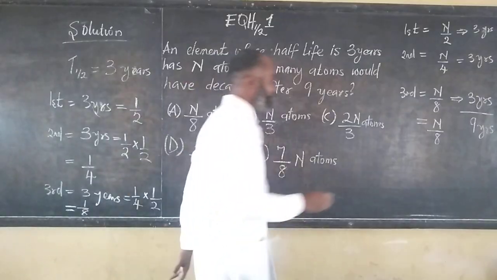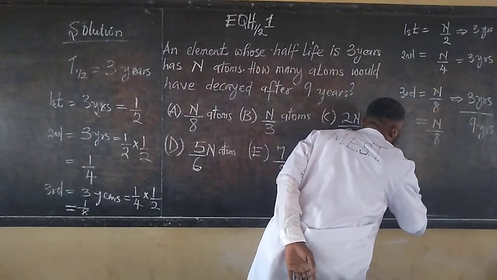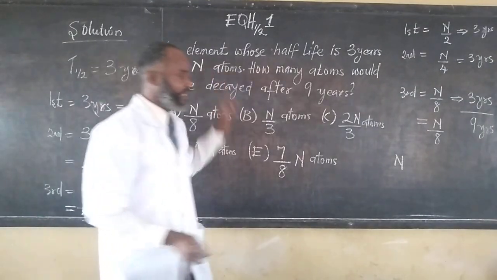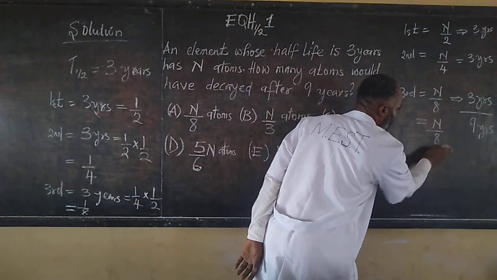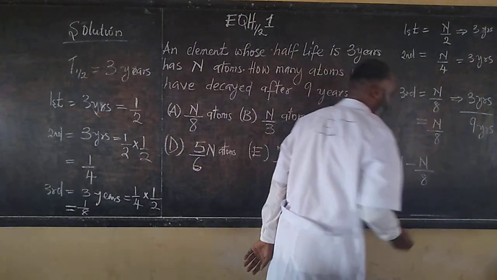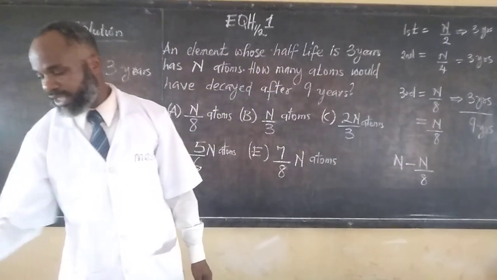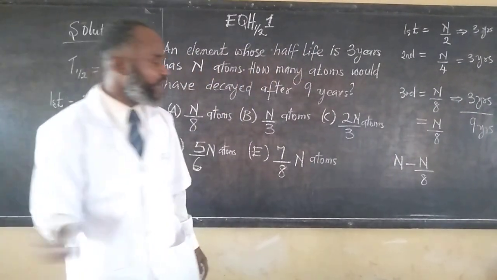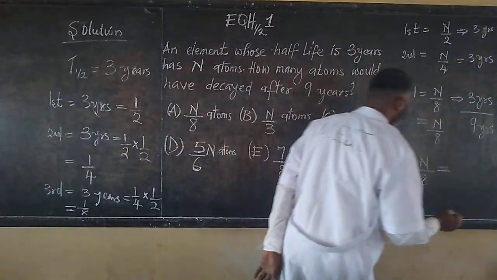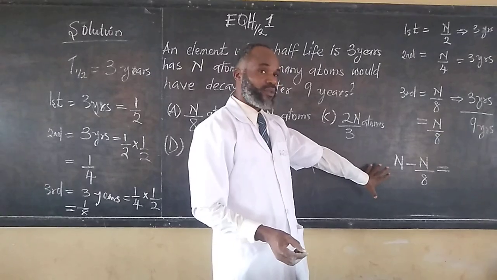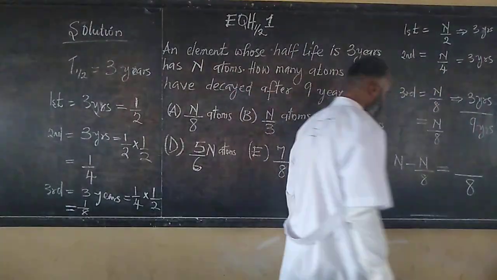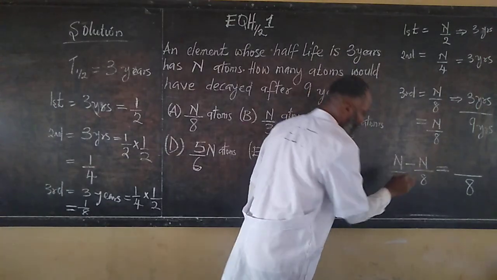So what we need to do is N, which is the atom itself, minus what we have after 9 years, minus N/8. We find something very simple here. The LCM here remains 8, and N is just all over 1.